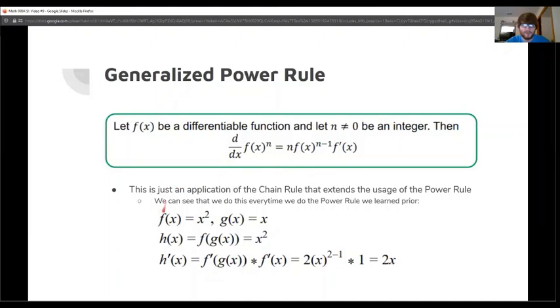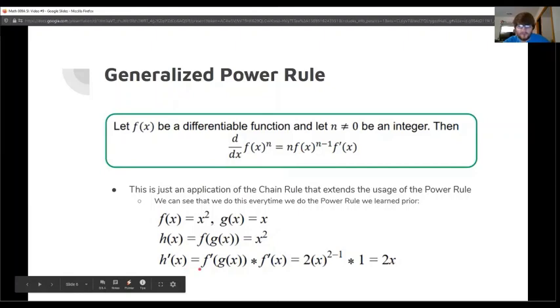So in this example, we can treat our outer function as x squared and our inner function as just x, right? So our composite h of x is equal to f of g of x, which is just going to give us x squared. If we take this derivative, we have h prime of x is equal to f prime of g of x times g prime of x. That's our chain rule identity. So we have 2.